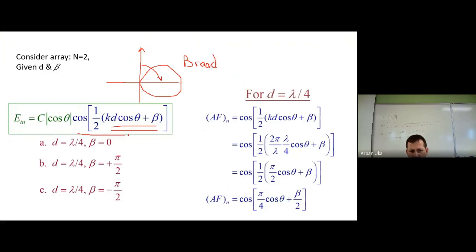If we want the maximum value here, that means that the cosine should be maximum. That means that this factor is equal to 0, and this factor is equal to 0 if beta is equal to minus kd cosine theta. If this is broadside, that means theta is equal to pi over 2, and cosine pi over 2 is equal to 0.